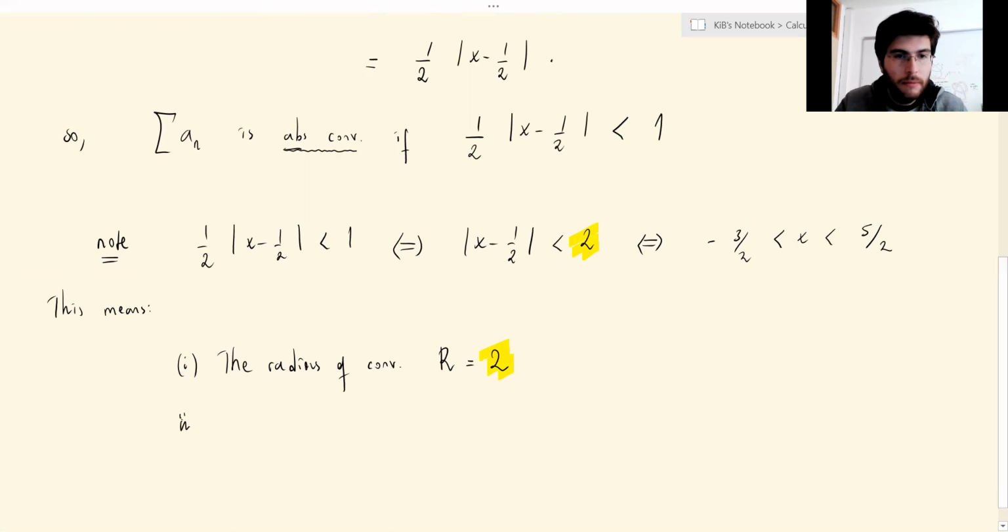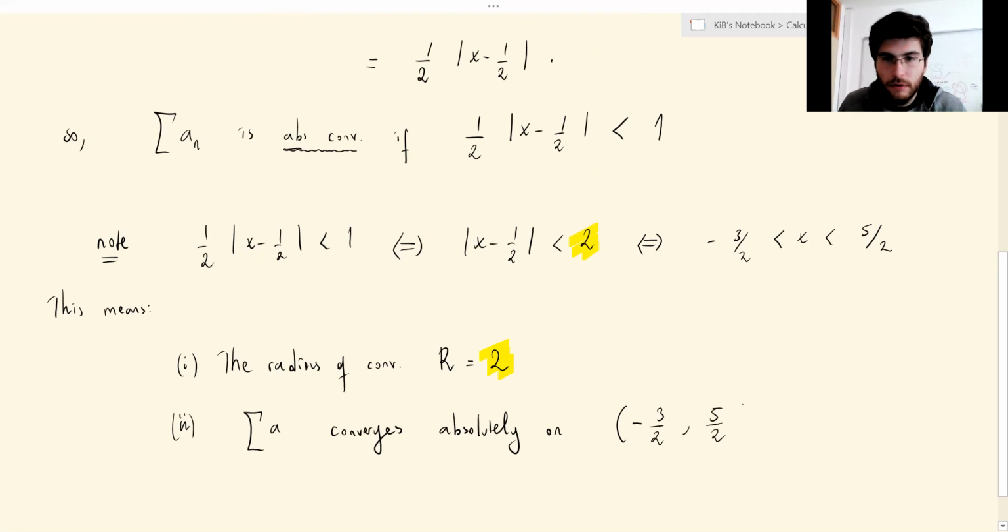But we already know, because of the observation above, that this series converges absolutely on this interval, from minus this to 5/2. We already know this by theorem. But this is not the whole story. Since it is absolutely convergent, it is convergent.